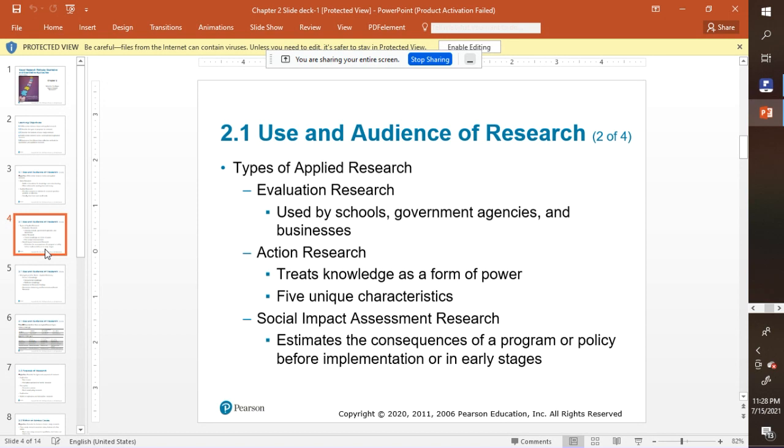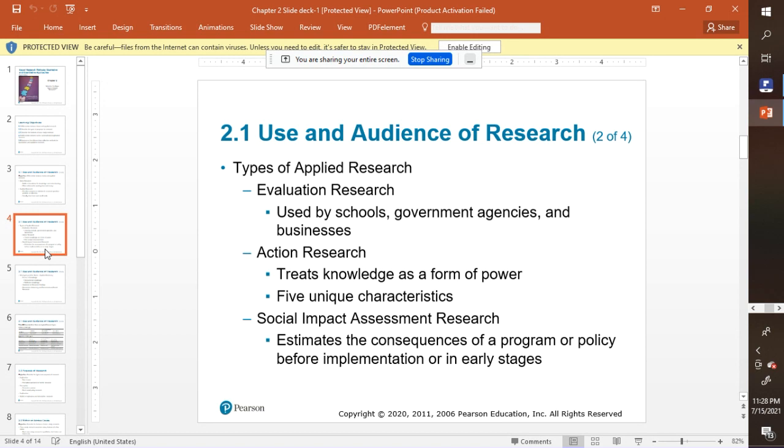Action research is totally different from evaluation research. This treats knowledge as a form of power, and it has five unique characteristics. First, the people who are studied are active participants in the research process, for example, when you are looking at a focus group in your research.